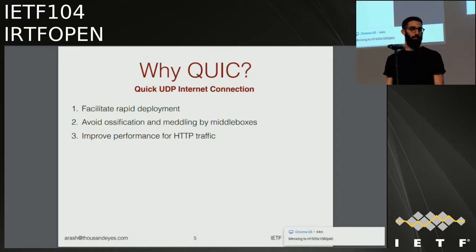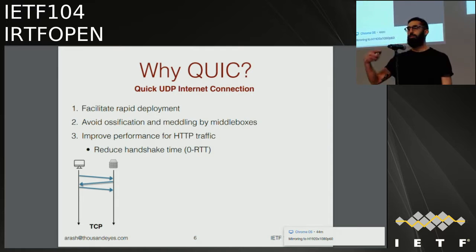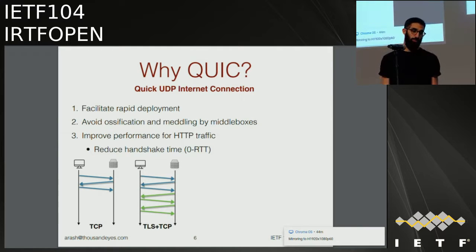QUIC improves performance through a number of optimizations. The most famous one is zero RTT connection establishment. If you're familiar with TCP, you have that three-way handshake to establish a connection before you can send any data. If you have TLS on top of TCP, as you should, there are going to be more RTTs.